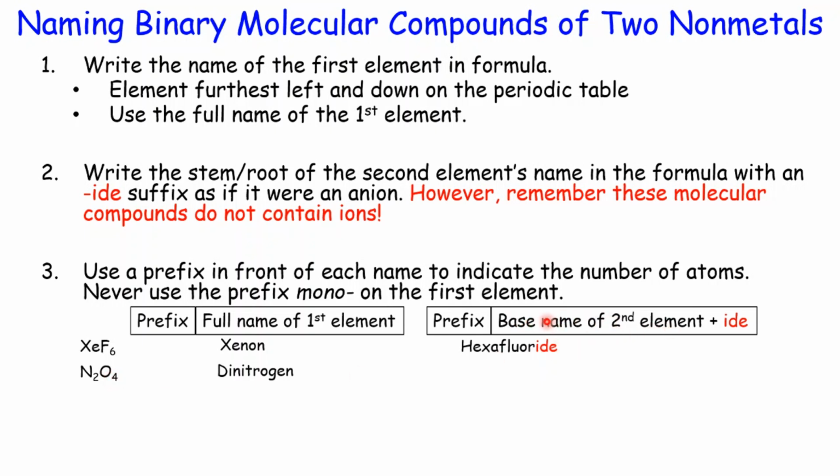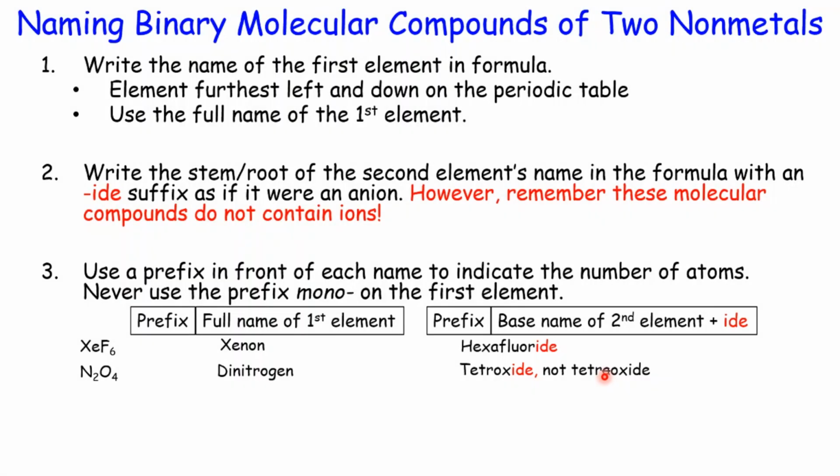You use the base name, then plus IDE, or in other words, use the anion name. But here you see the tetra, T-E-T-R-A, the A is not used because the name of the second element starts with O.